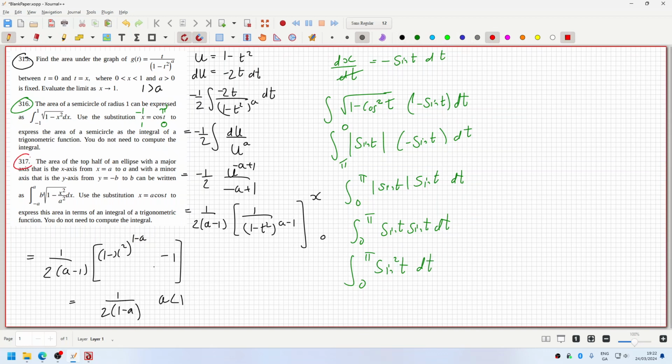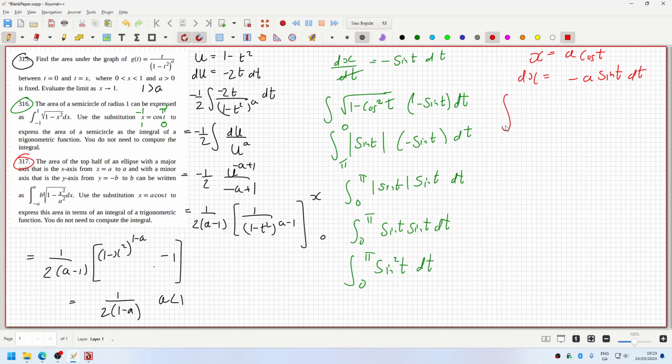Okay, 317. The area of the top half of an ellipse can be written like this. Use that substitution to express this term as an integral. You do not need to compute. Okay, so if x equals a cos t, then dx equals minus a sine t dt.